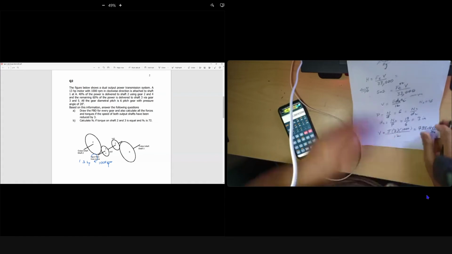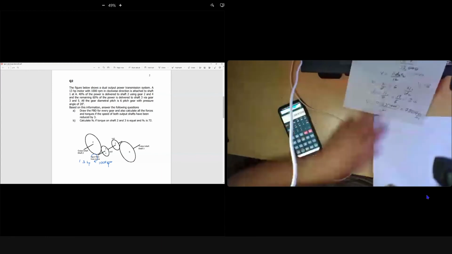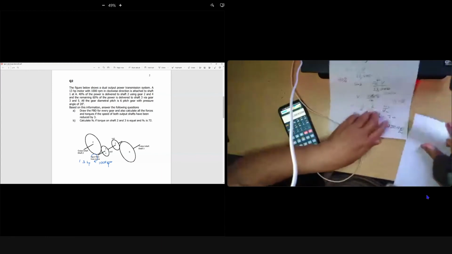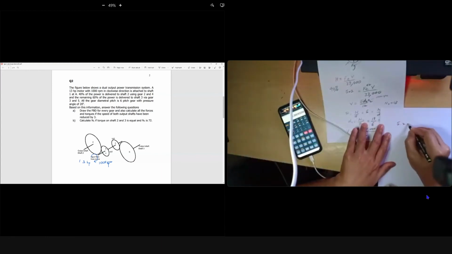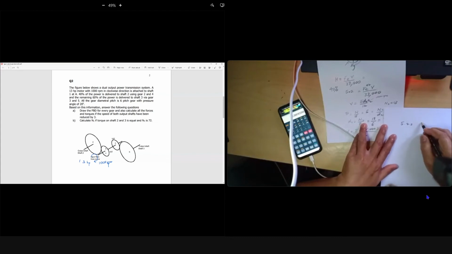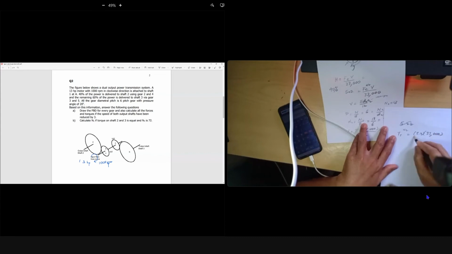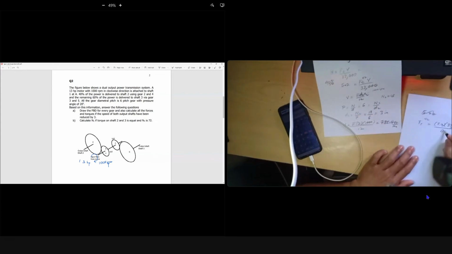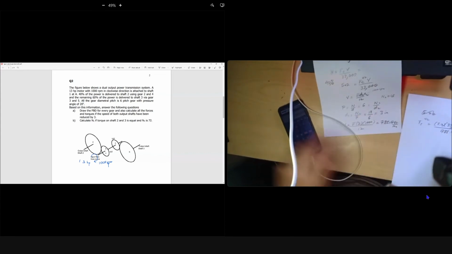So when you know your V in feet per minute, and the horsepower 5.2 from this equation, F tangent 2 equals 5.2 horsepower times 33,000 over V, where V is 785.4.